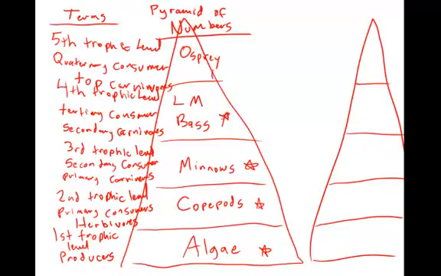It gets narrower toward the top, signifying that it takes many algae to support one copepod, many copepods to support one minnow, many minnows to support one bass, many bass to support one osprey. And so you get a decreasing population at each of the trophic levels, where top predators are quite rare. Now, we want to label the pyramid over at the very right as well. This is known as a pyramid of energy.